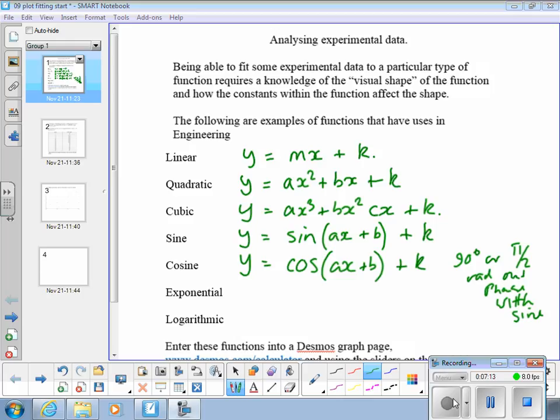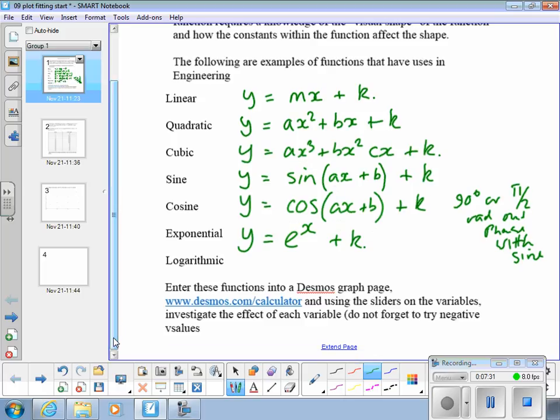Exponential. You might also come across the exponential rise to a limit that you see with capacitors, for instance.